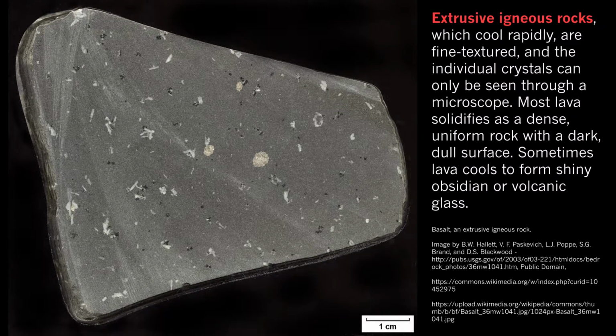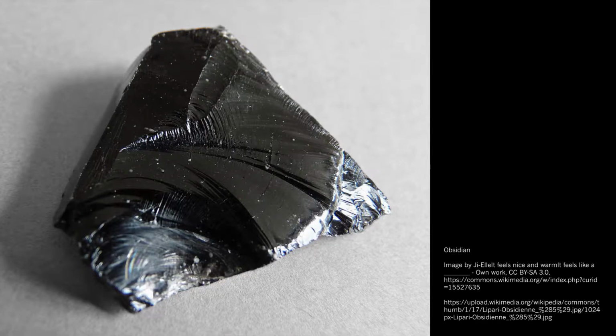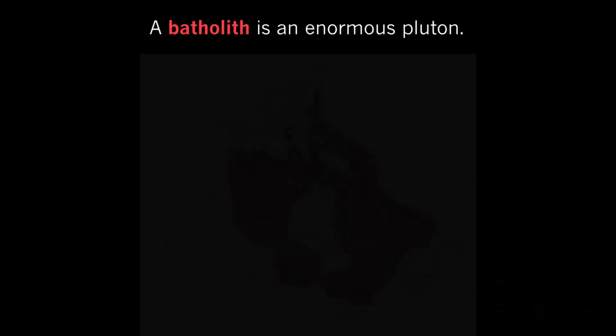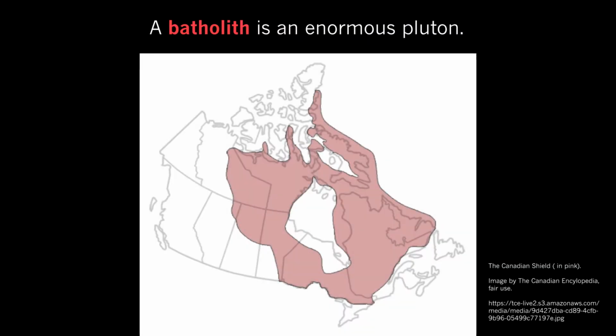For example, lava. It's dense, uniform rock. And some lava will form a shiny obsidian or volcanic glass, quite smooth. An entire body of intrusive igneous rock that cools within the crust is called a pluton, and a batholith is an enormous pluton. So the Canadian Shield consists of batholiths, these large bodies of igneous rock.